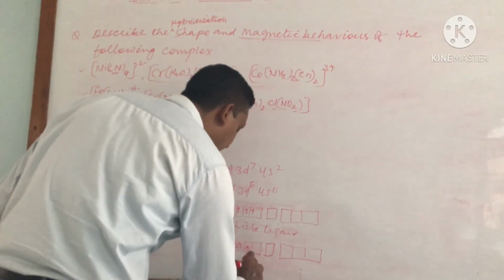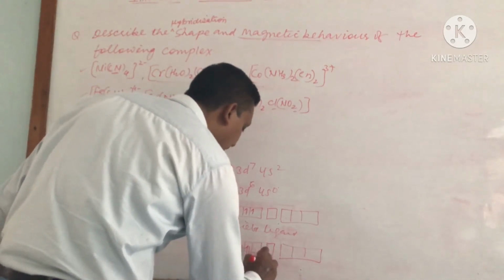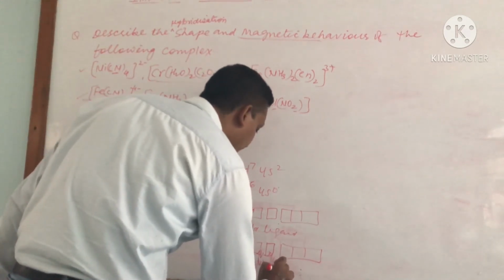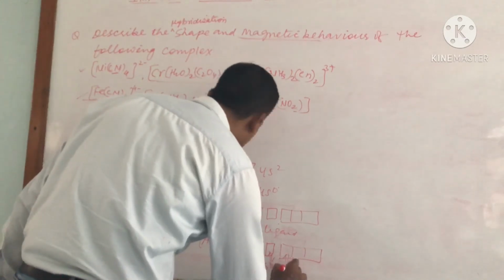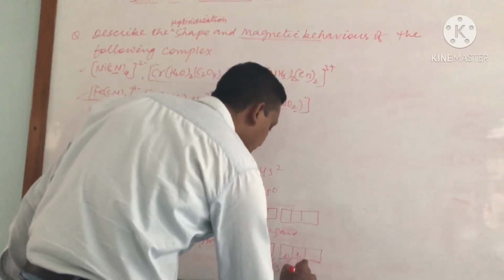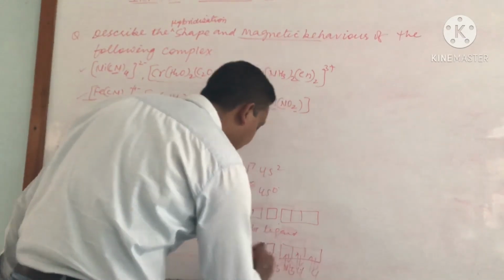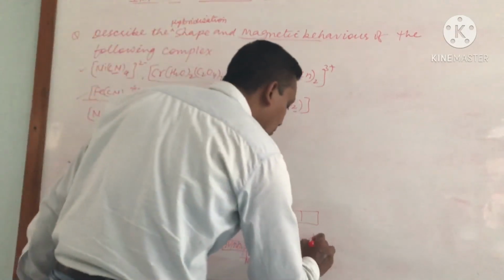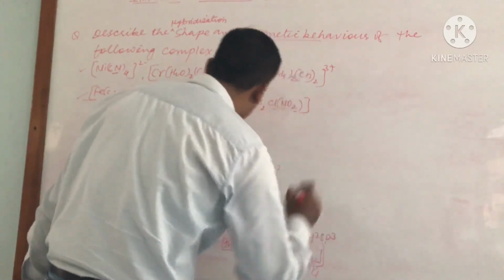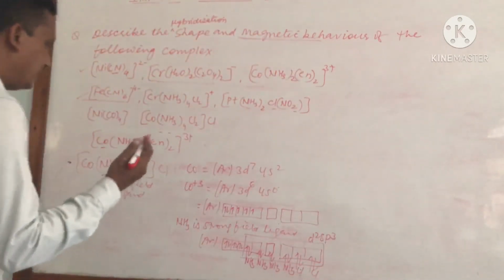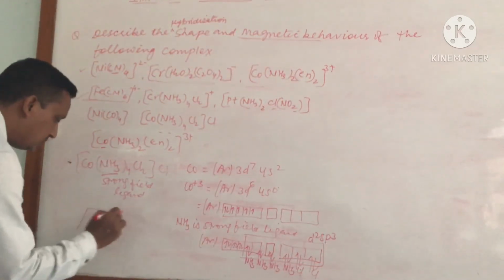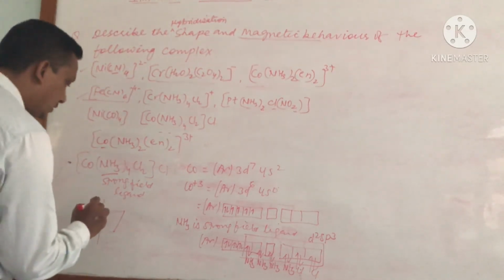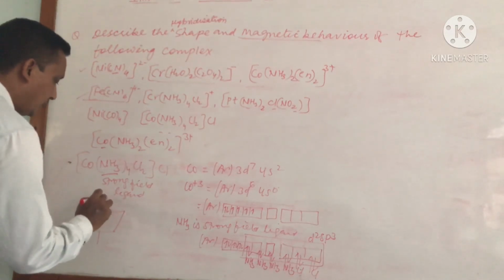NH3 would provide the pair of electrons in the vacant orbitals, and the 4 NH3 and 2 Cl will also provide pairs of electrons, and we get d2sp3 hybridization.